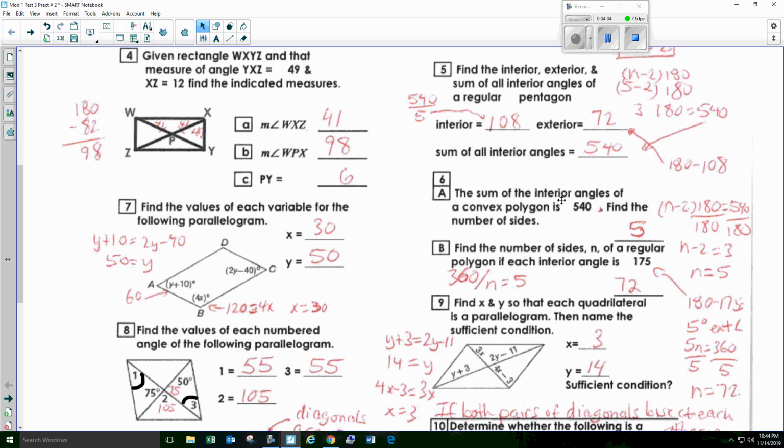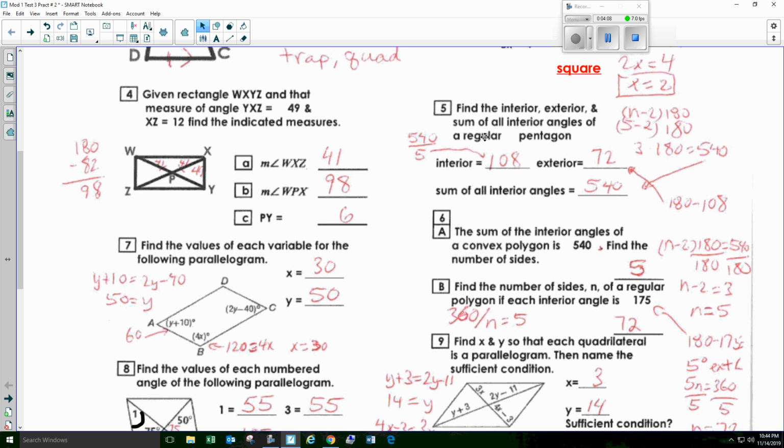Number 6, okay, we have the sum of the interior angles of a convex polygon. Being convex doesn't mean it has to be regular, okay? But we're not asking for the interior angles in this particular case. So we have n minus 2 times 180.